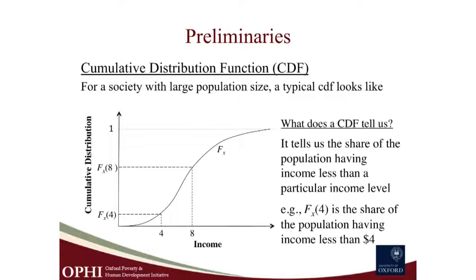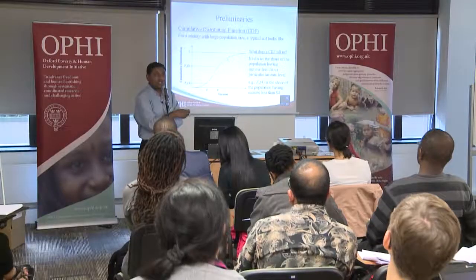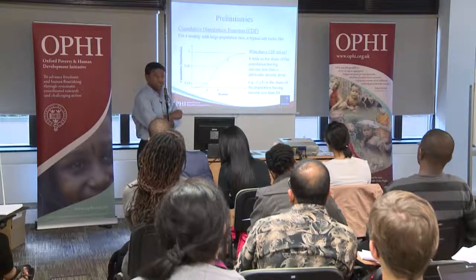Similarly, which fraction of the population has income less than 8? This is the fraction. And when it touches the upper bound, which is equal to 1, it means that at this particular income level, you have everybody in this society at or below this income level. That means that is the highest level of income.